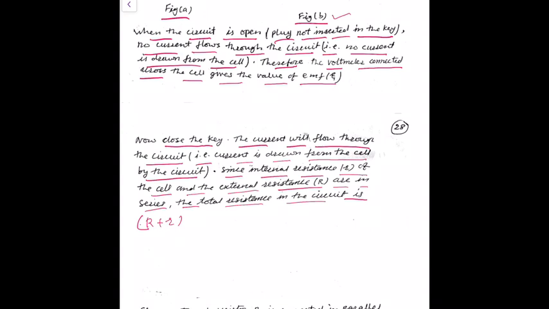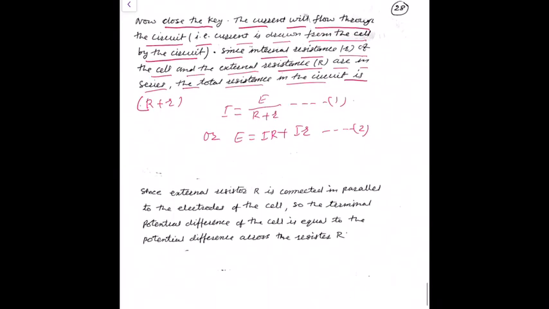According to Ohm's law, the current in the circuit is given by I equal to E upon R plus small r. It is equation first. Or we can write E equal to IR plus Ir. It is equation second.